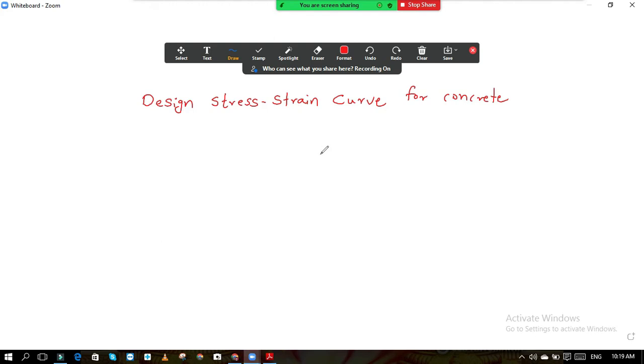This is for a small cube. For a small cube it is okay, you can say that we have tested this cube and this is its strength. But whenever you come to the site, there is a huge construction as compared to the cube.